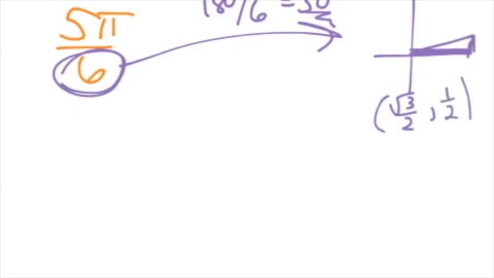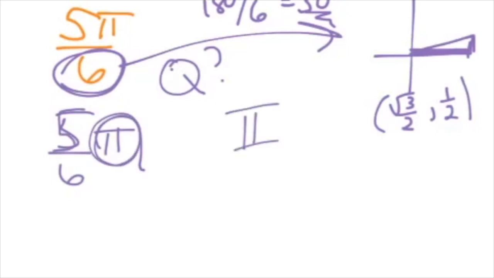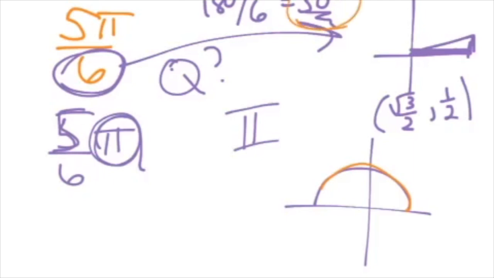Now you just have to figure out what quadrant. So the question is, okay, well, what quadrant are you in? Well, if you're 5/6 of a pi, you're not quite a pi. You're only 5/6 of it. So you're sitting in quadrant 2, because remember, a whole pi is a semicircle. So my reference angle is in quadrant 2, and it is 30 degrees, like we talked about.